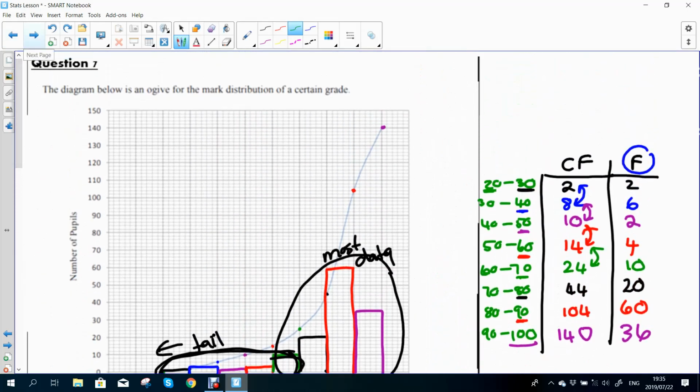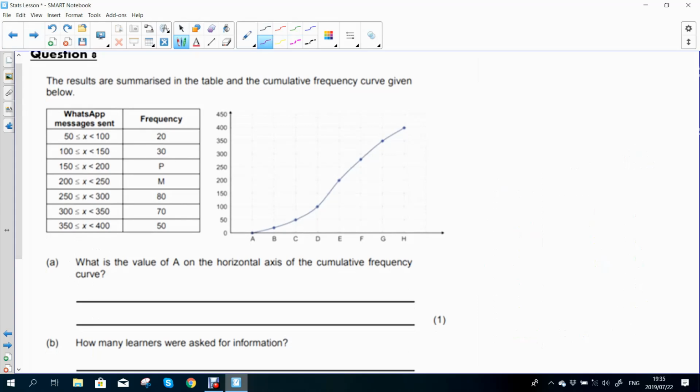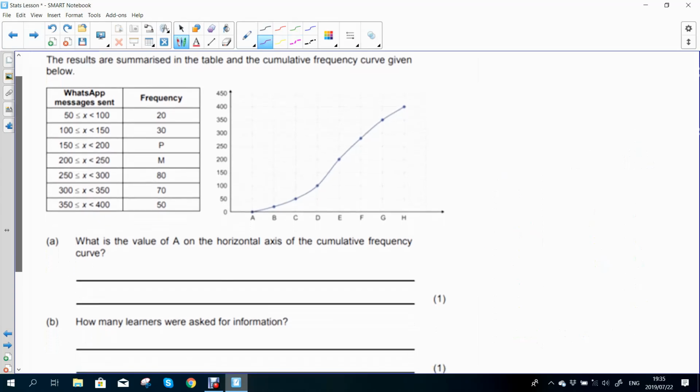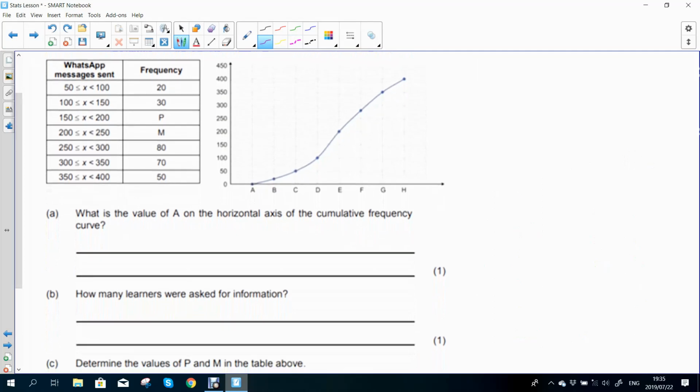Cool, let's go to question 8. Question 8 says the following. The results are summarized, and again we get a cumulative frequency curve below. We get the cumulative frequency curve, and now we get the frequencies. And now they are asking, I need to go and find the value of little a, firstly.